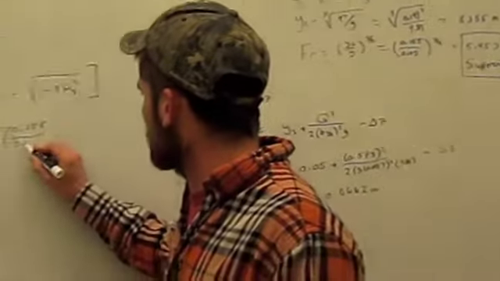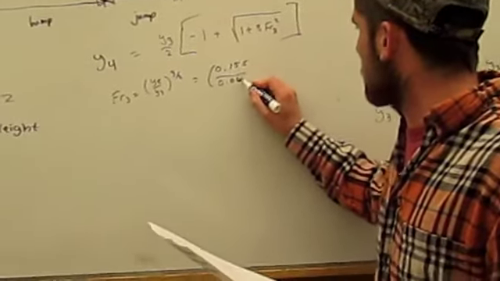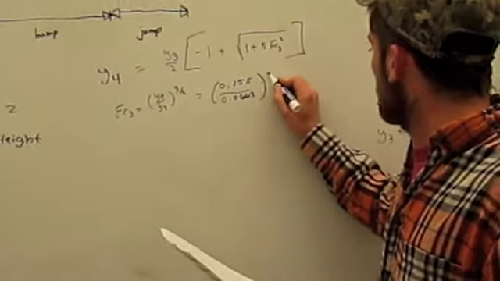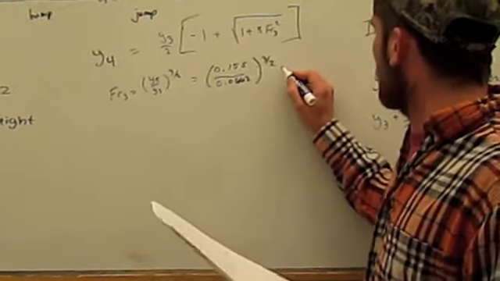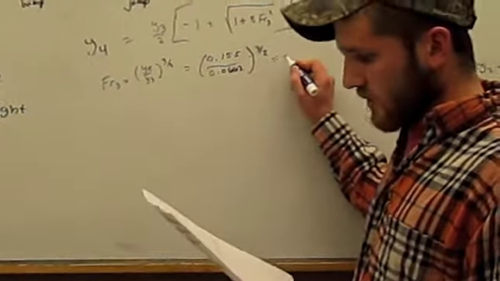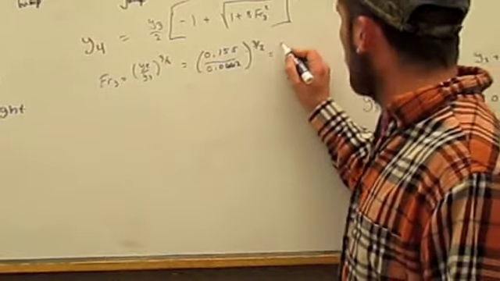Our Y3 we just figured out was 0.0662. And that gives us a Froude number at 3 of 3.58.